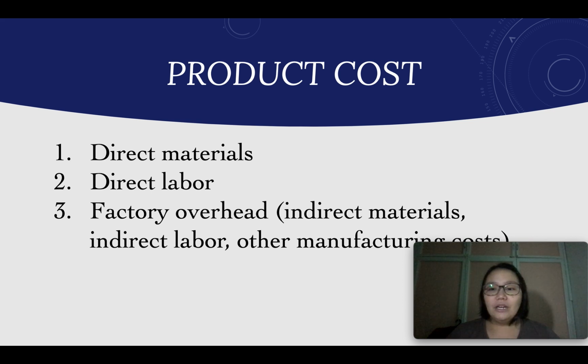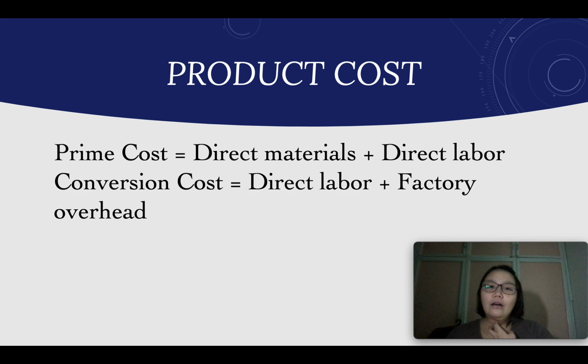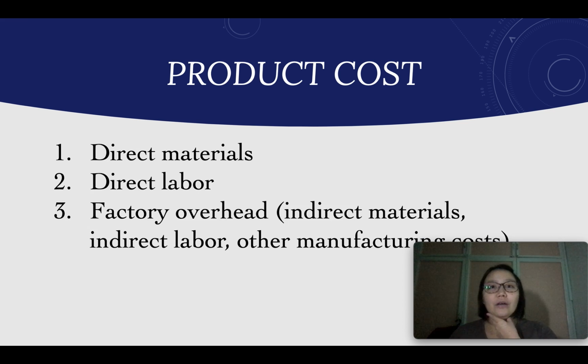And therefore, their salary or their wages are considered as direct labor. Now, the salary and the wages of the supervisor, security guards, and the janitors are classified as indirect labor because although they are necessary for the manufacture of the goods, they do not handle the goods itself.